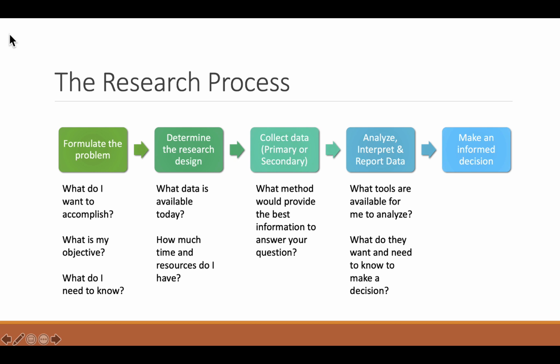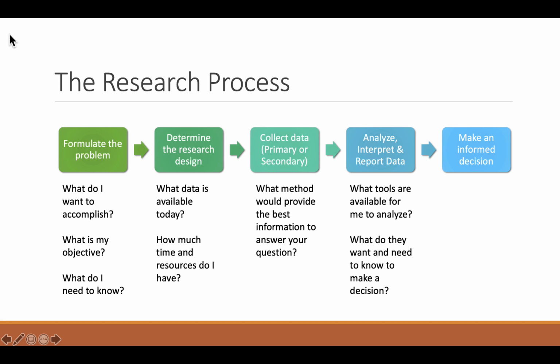It's not until we have a good, sound problem to research and question to get answers for, do we ever go to the second step, which is designing the research. What's available to me today, what's already been done, what resources do I need? And then once you've created that design, then you're going to collect the data.